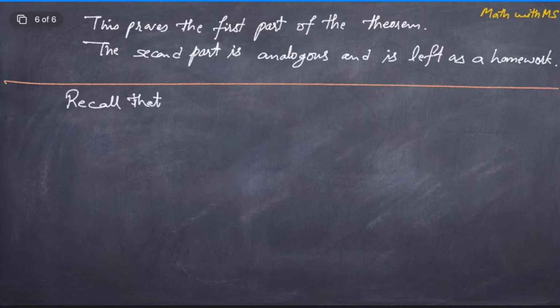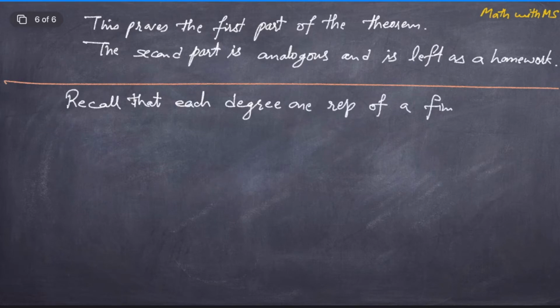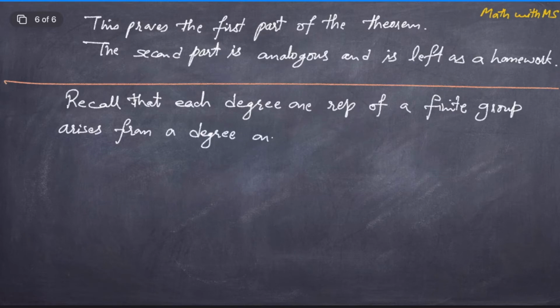Recall that each degree 1 representation of a finite group arises from a degree 1 representation of its abelianization.